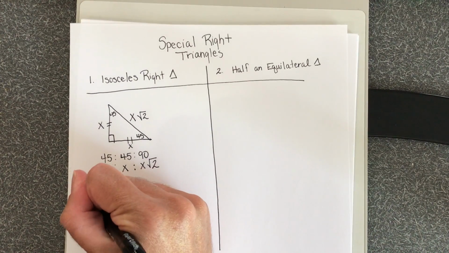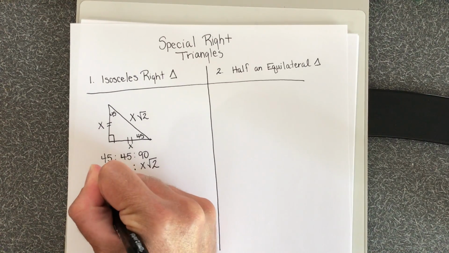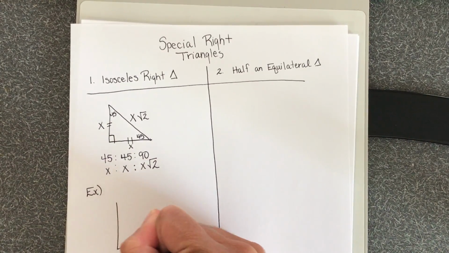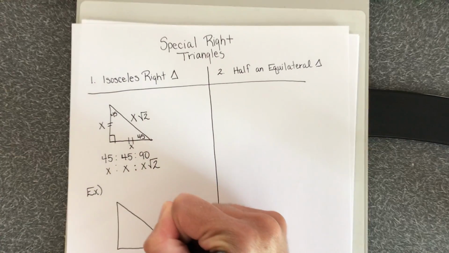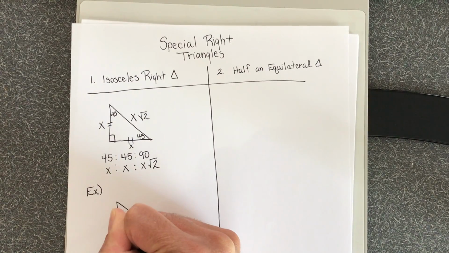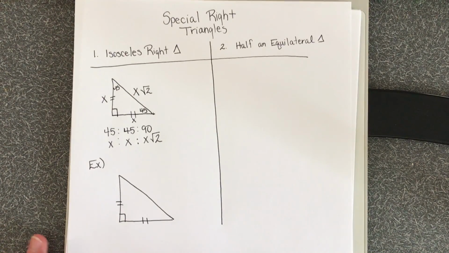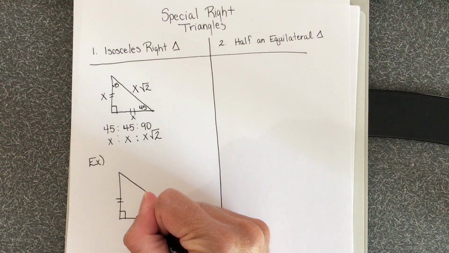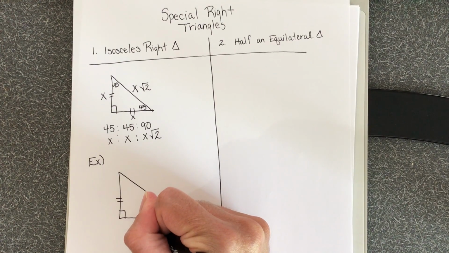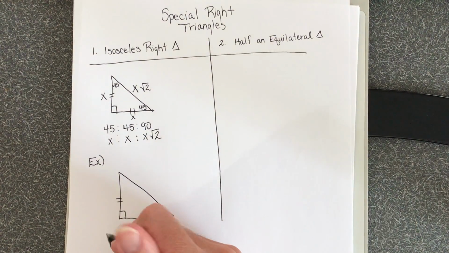So for example, if I have an isosceles right triangle, and let's say that the leg is 11 units long.